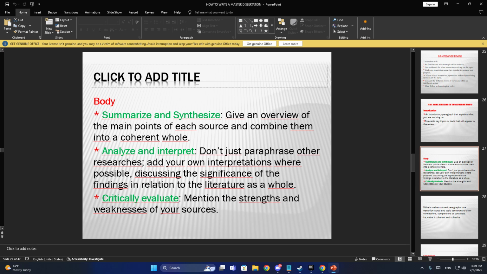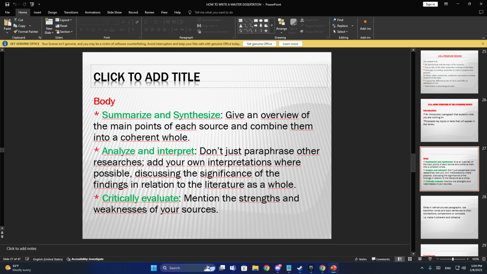This means I have many sources that discuss similar or different points, so I try to combine them together in a coherent whole. I make a kind of connection between these sources, for example their points of divergence or convergence. It depends on the direction the research is going.